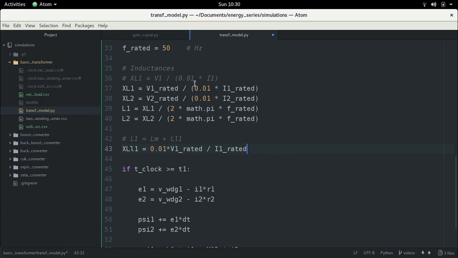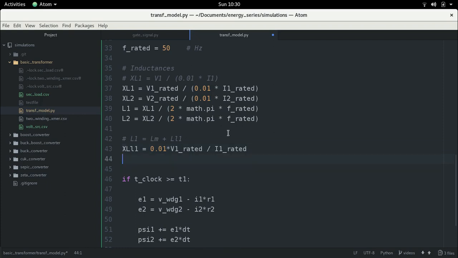Alright, so it might be a little confusing, but just think about it this way. If I1 rated flows through this reactance, then the drop across this reactance will be 1% of the rated voltage, right? And this is usually a reasonable value. Now, we just copy this for the other one as well.